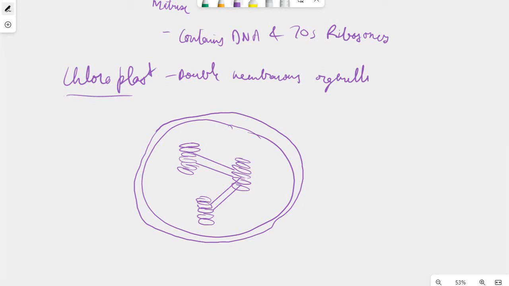So this is a thylakoid. So basically this singular structure is thylakoid and this collective structure is grana. So to repeat, the singular coin-like structure is thylakoid and the stack of coin-like structures is grana. And these connections which are interconnecting the grana are known as stroma lamellae.